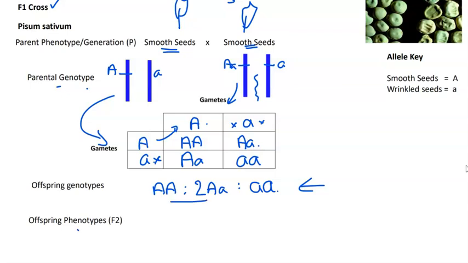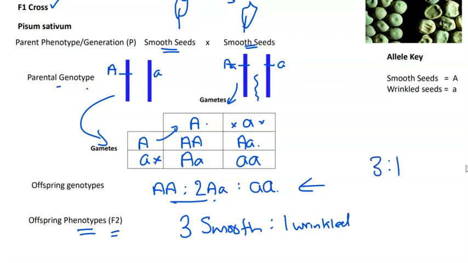However, if we look at the phenotype of what is now called the second generation, F2, these two would look the same, and so we would end up with 3 smooth. We're predicting a ratio of 3 smooth to 1 wrinkled. So in a population of a large number of individuals, the ratio will roughly be 3 to 1, or we could think of this as being a 3 in 4 probability of being smooth and a 1 in 4 probability of being wrinkled.